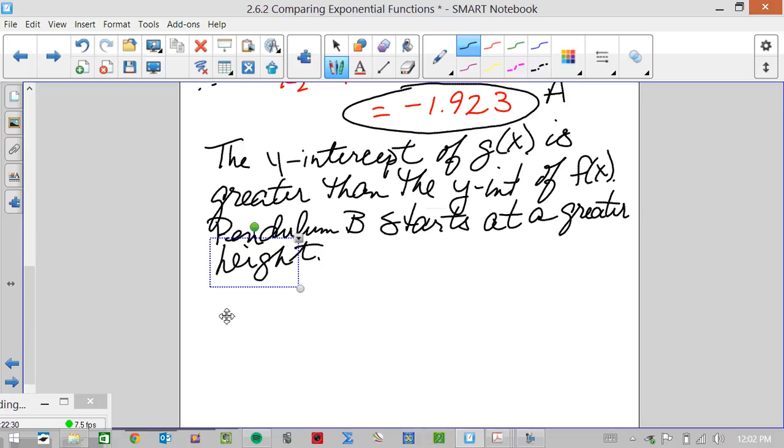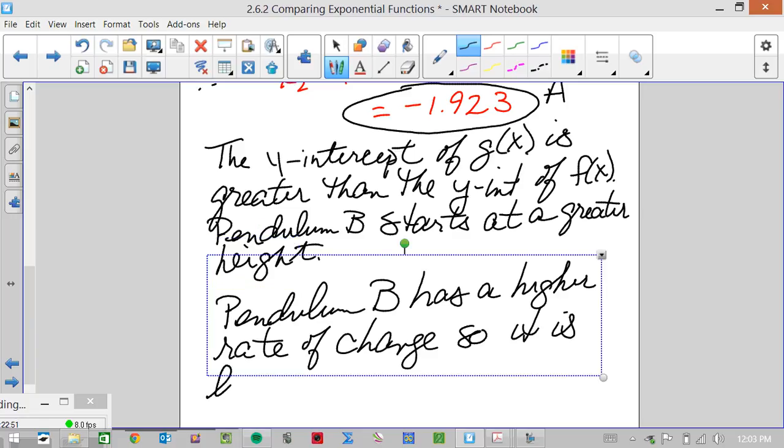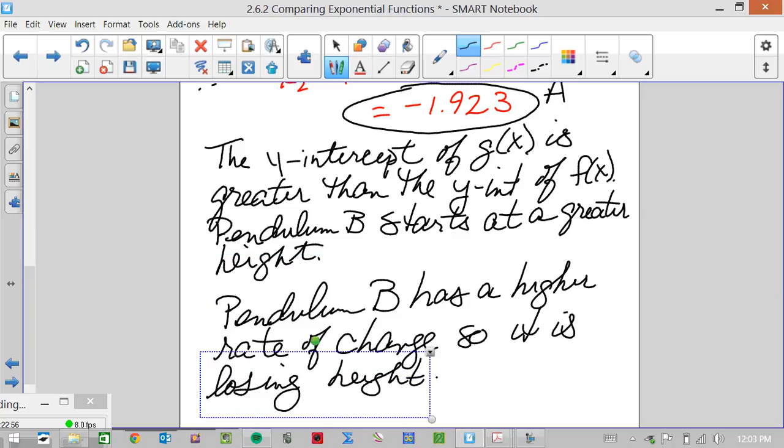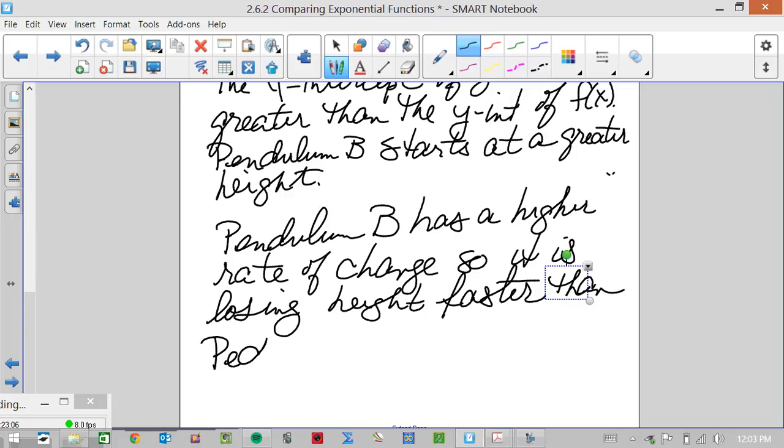Pendulum B has a higher rate of change, so it is losing height faster than pendulum A.